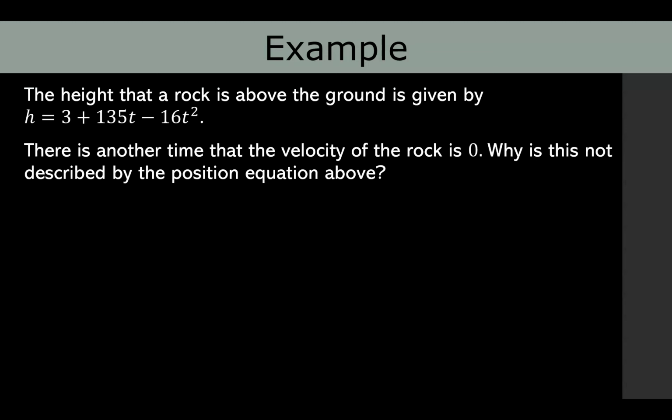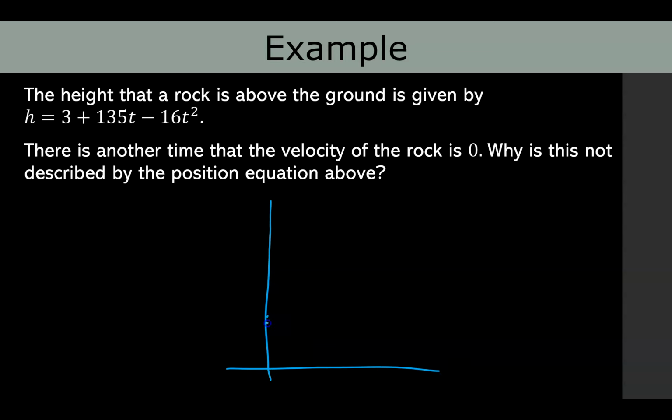Okay, so this is not really a calculus problem, but a thinking problem. There's another time the velocity of the rock is 0. And why is that not described by the position equation above? Well, let's think about rocks. Right?